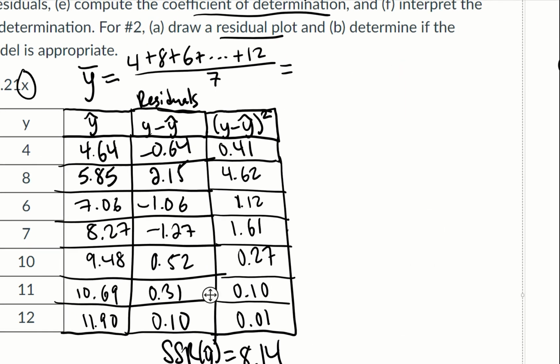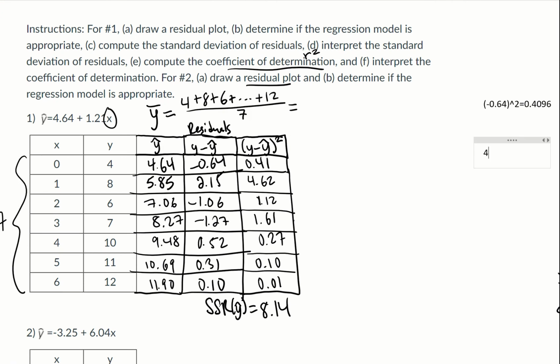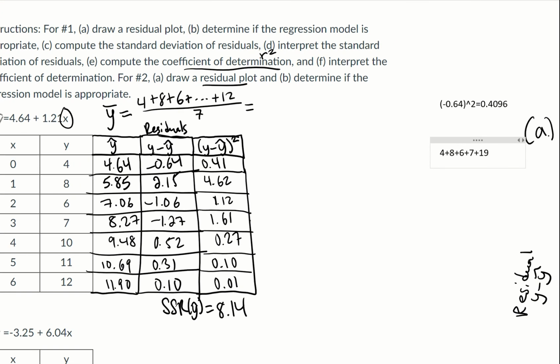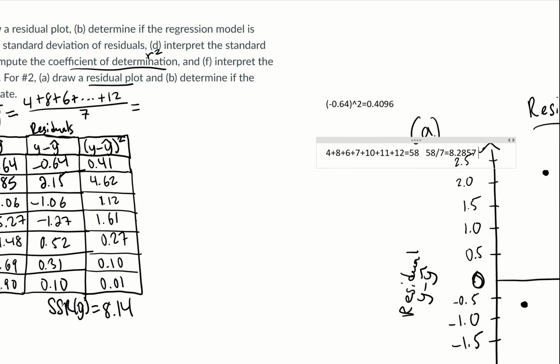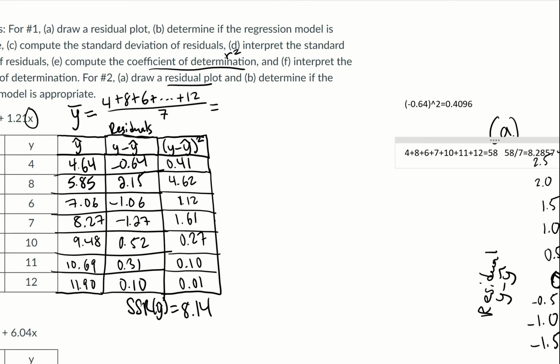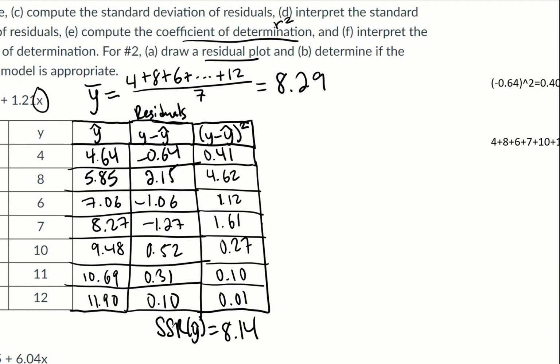Let's go ahead and add those values. When you add them, you get 58, and then 58 divided by 7 is 8.29. So we're rounding to 8.29. Okay, so we got our y bar.